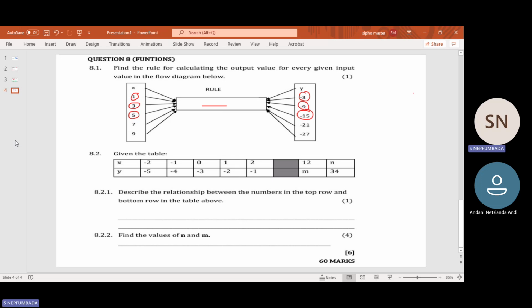How do we find that rule? 1 times -3 is -3, and 3 times -3 is -9. It means the rule is going to be y equals -3x. That's all.